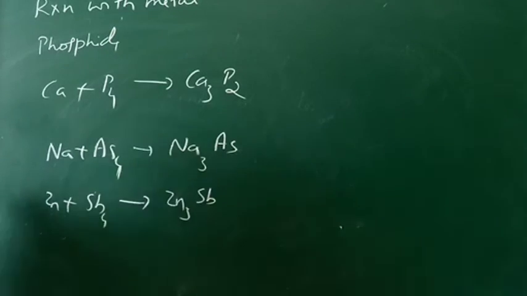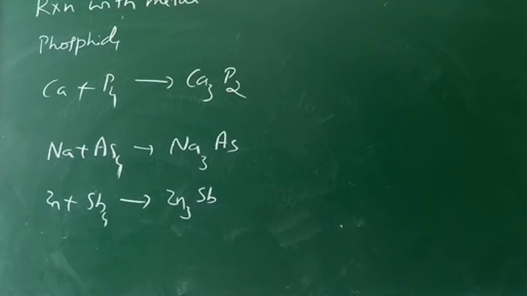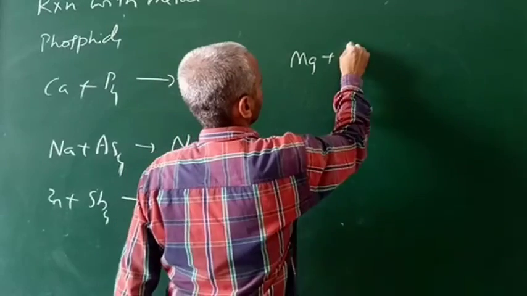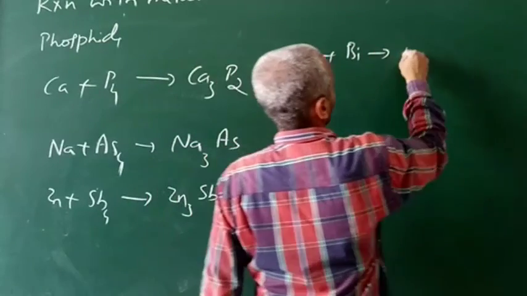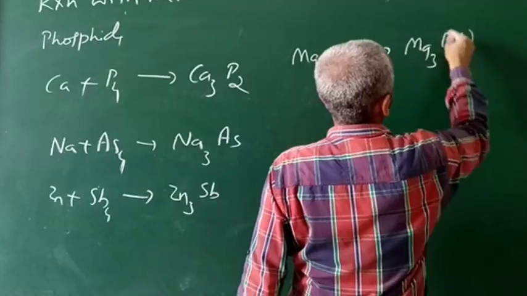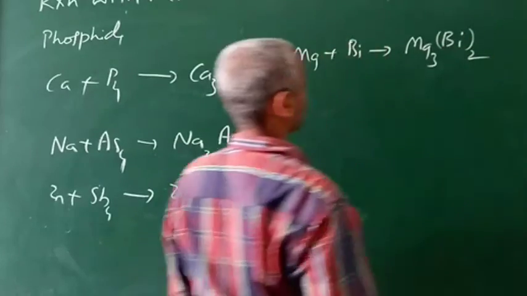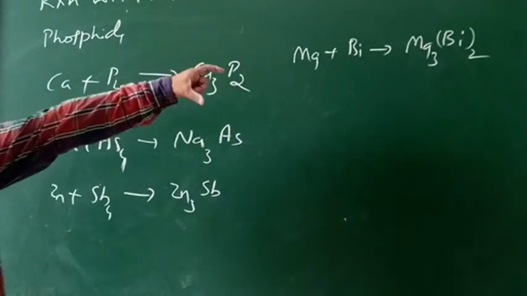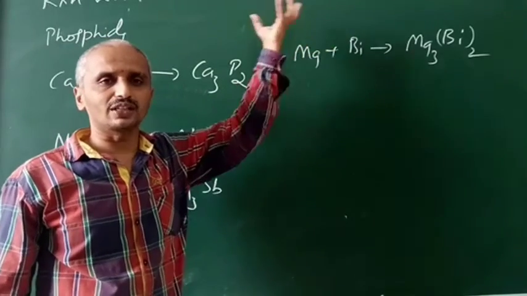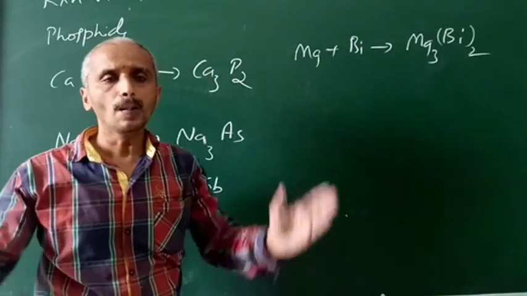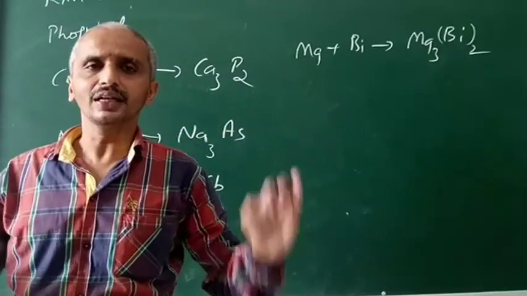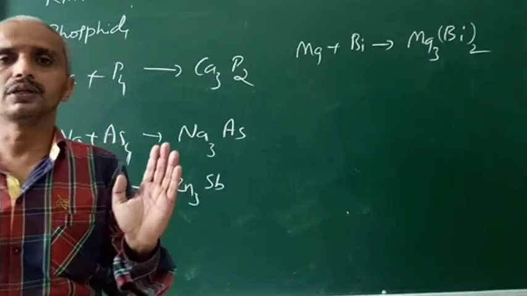Then Mg plus bismuth gives Mg3Bi2. This is magnesium bismuthide, the compound formed over there. So: metal nitride, metal phosphide, metal arsenide, metal antimonide, metal bismuthide.